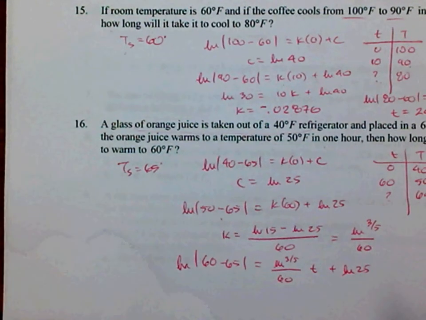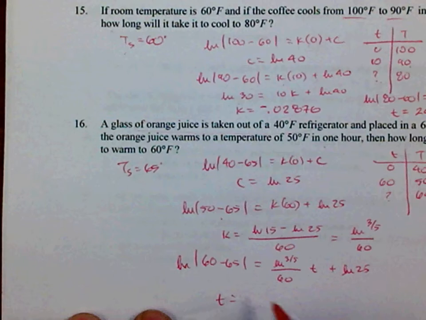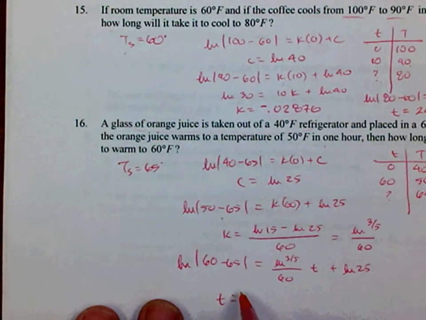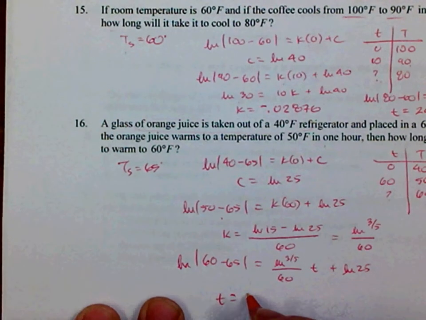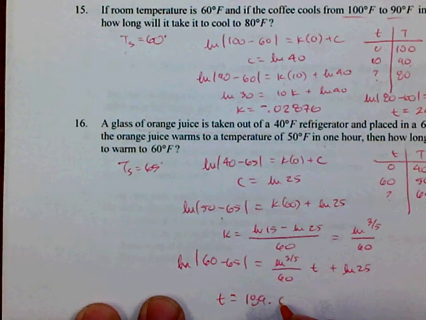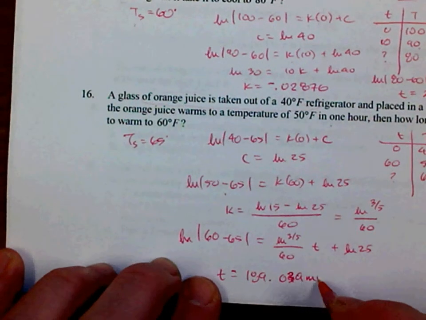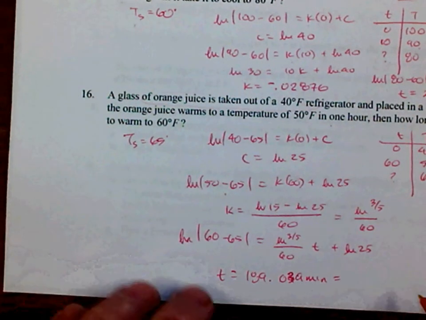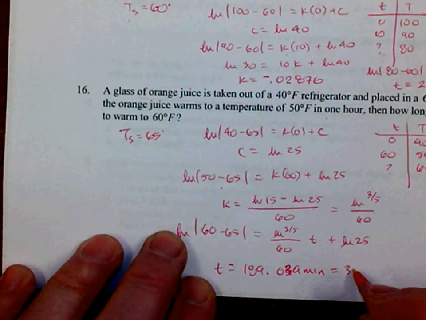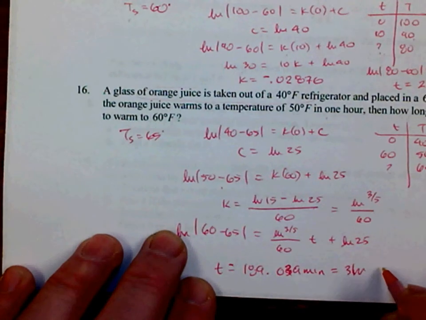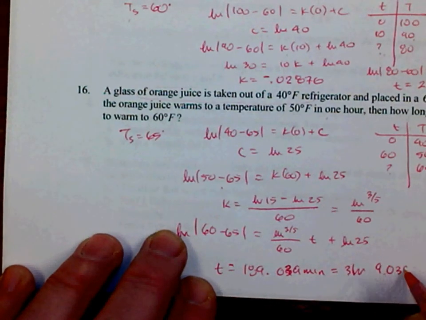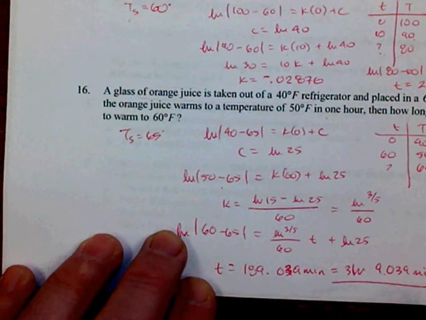Again, you can easily do the math there, but this will give us 189.39 minutes, which is roughly 3 hours, 9.039 minutes for us to reach that temperature of 60 degrees.